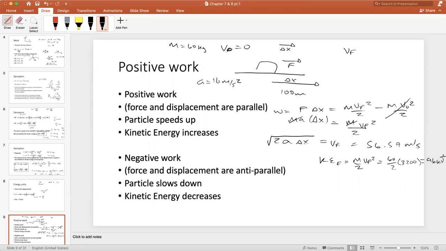A 60 kilogram object, which is not what your car weighs. That's probably what a lot of you weigh. It's like 120 pounds, 130 pounds maybe. Traveling at 120 miles per hour has 96,000 joules of energy if it runs into you. It's a lot. But yeah, you wouldn't want to be hit by a 60 kilogram object traveling at 120 miles per hour.